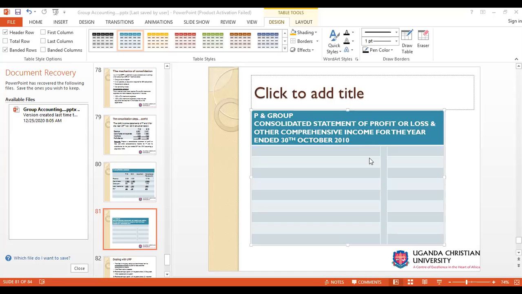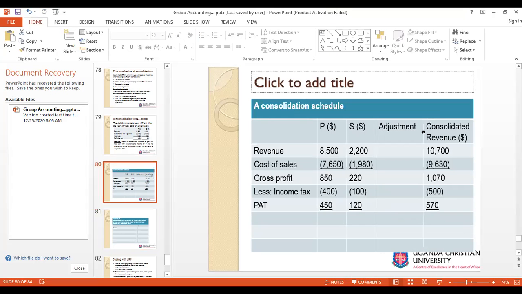Okay, let us consolidate. So sales revenue, but remember our amounts are in dollars, so we have put revenue here. You just pick the revenue here, 10,700.